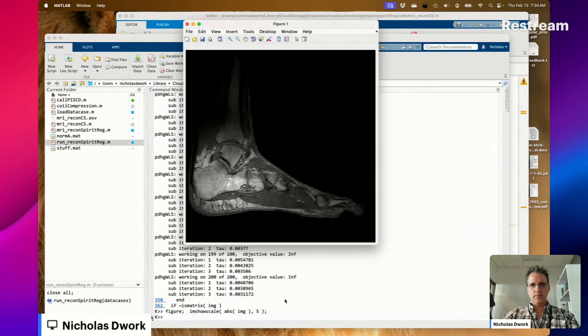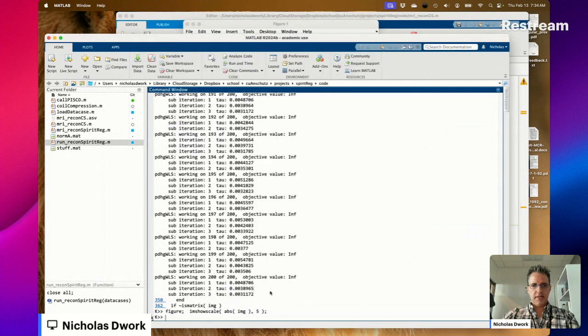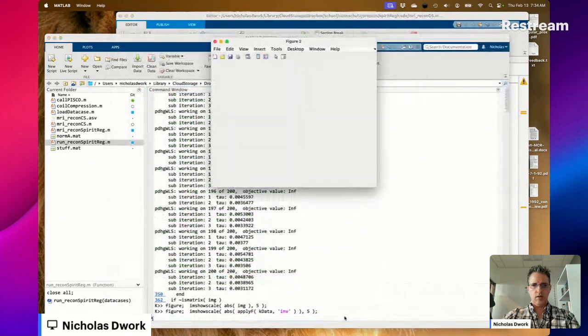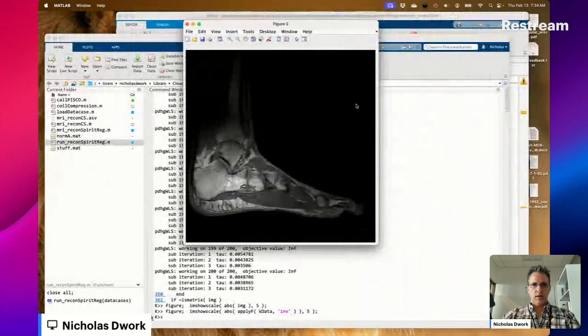Okay. It's weird that it's bright, dark, bright. Is that different from... it is.